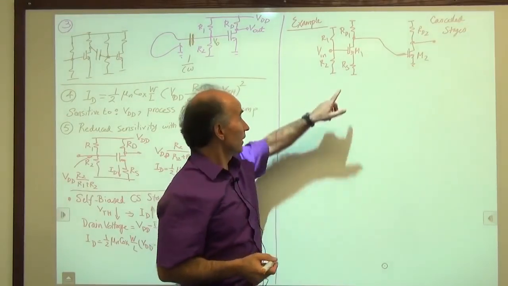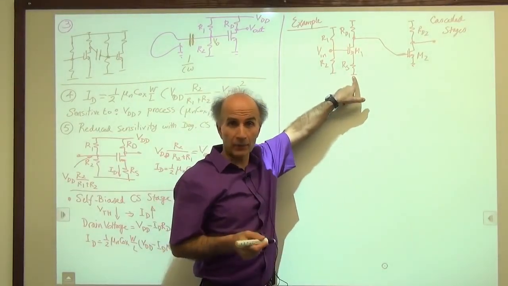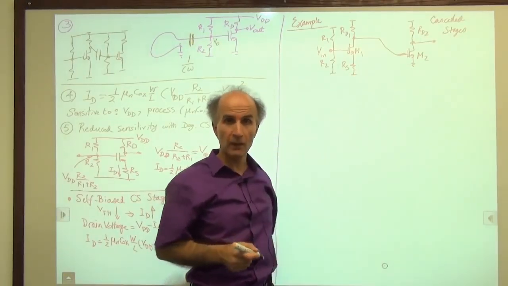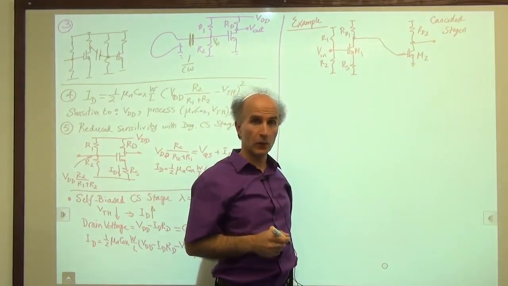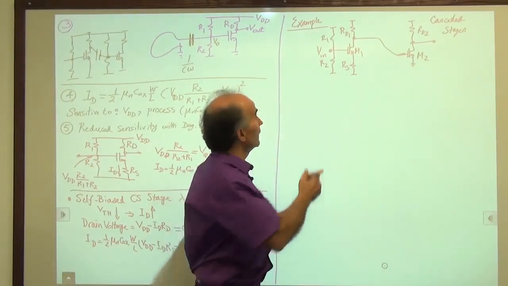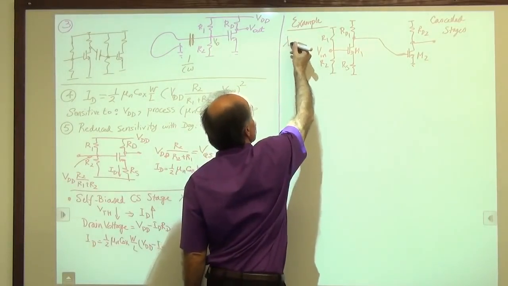Now, why did I use degeneration here? This is just as an example. You can have degeneration here or both. It doesn't matter, but just one example. So in this example, we would like to find the voltage gain of the overall circuit with lambda equals 0.